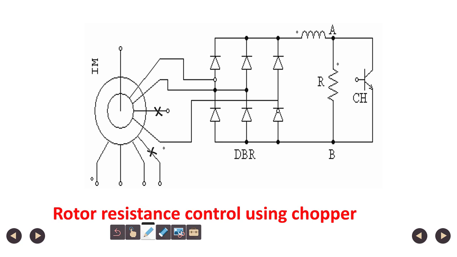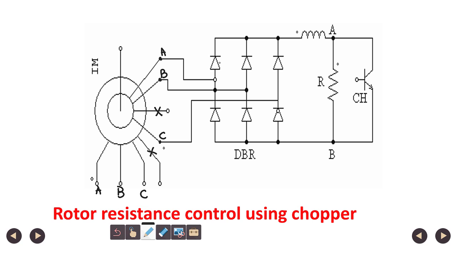These are the 3 phases, you can say A, B and C phases of the stator, and A, B and C phases of the rotor. The extra wire is just shown from the circuit taking a standard symbol for simulation, and this is the diode bridge rectifier.